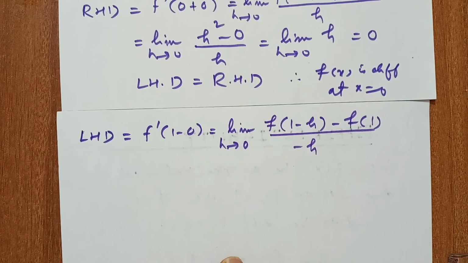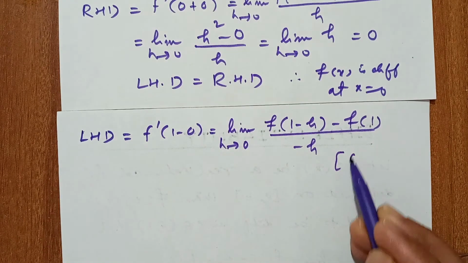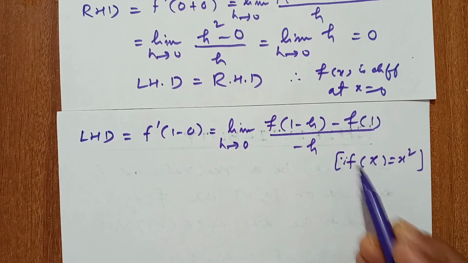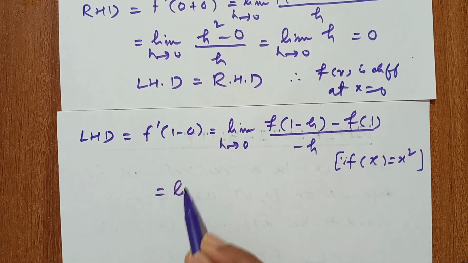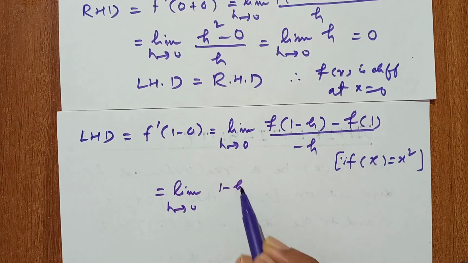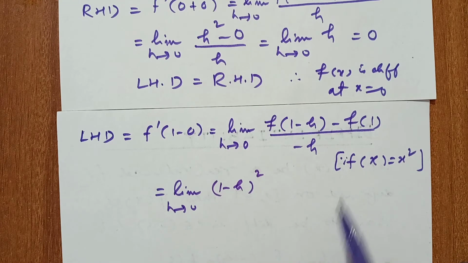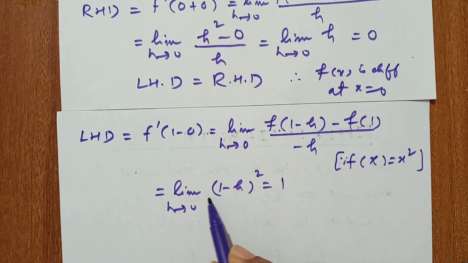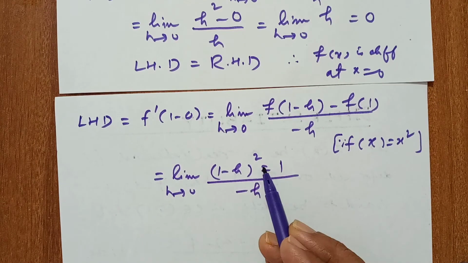Since f(x) = x square, f(1 - h) = (1 - h) square and f(1) = 1, upon -h.